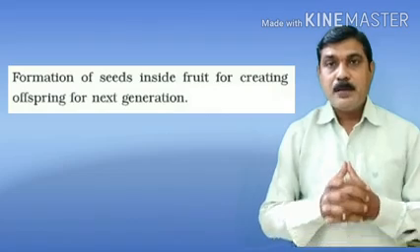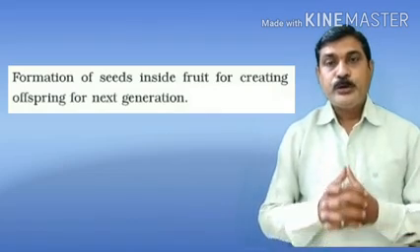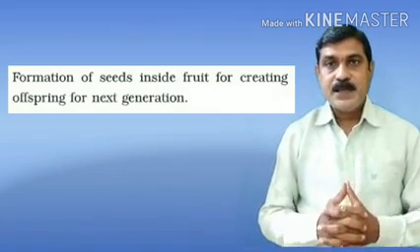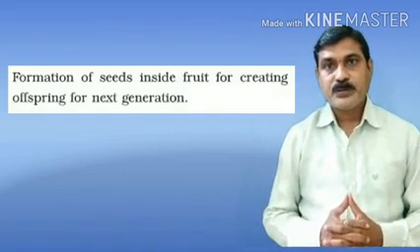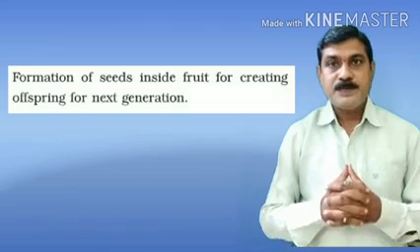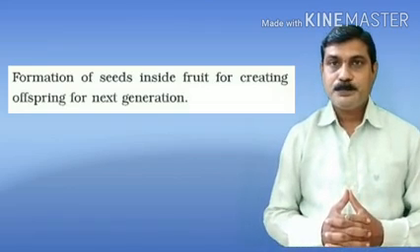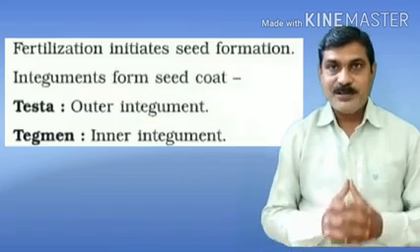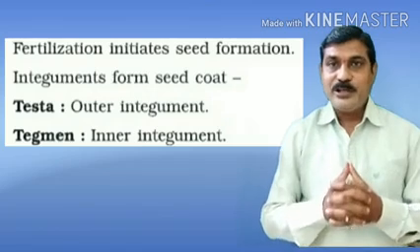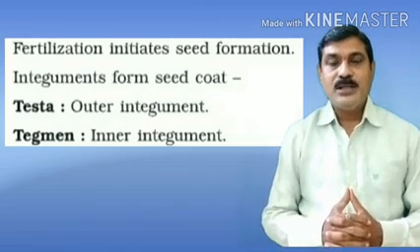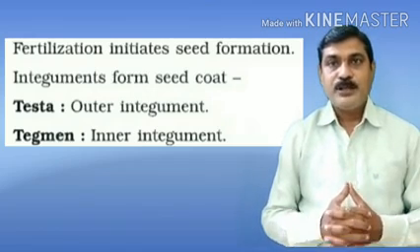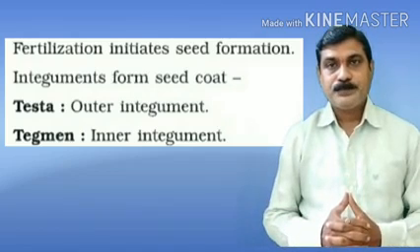The flower must be pollinated to produce seeds and fruit. Development of seed is initiated by fertilization. After fertilization, the integuments of the ovule get transformed into the seed coat.